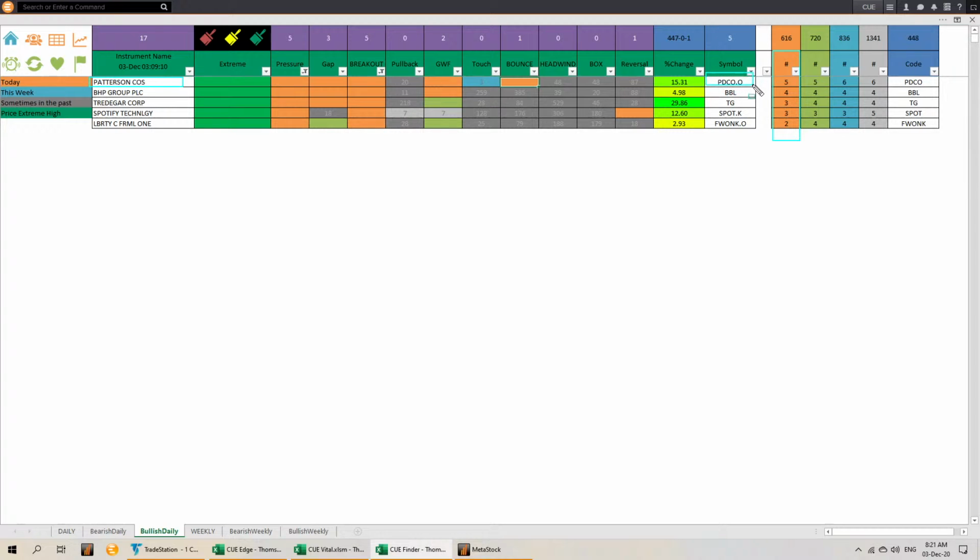And if I look at the consolidated number of signals today, I see the top one, Patterson Companies, PDCO, is having the maximum number of signals today. What are they? Bullish pressure, gap up, breakout, bullish flow, and a bounce.